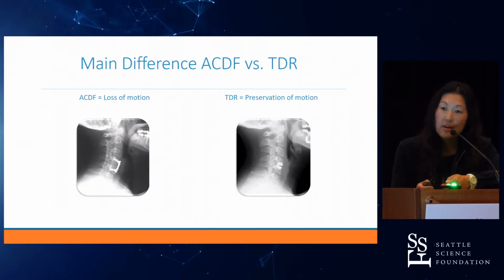In the TDR, it's not perfect, as James has so eloquently pointed out, but there is still motion, and it allows motion in a different way at the adjacent segment. So this is a key difference that will translate to the overall outcomes and the consequences of the two different surgeries, resulting in different outcomes.